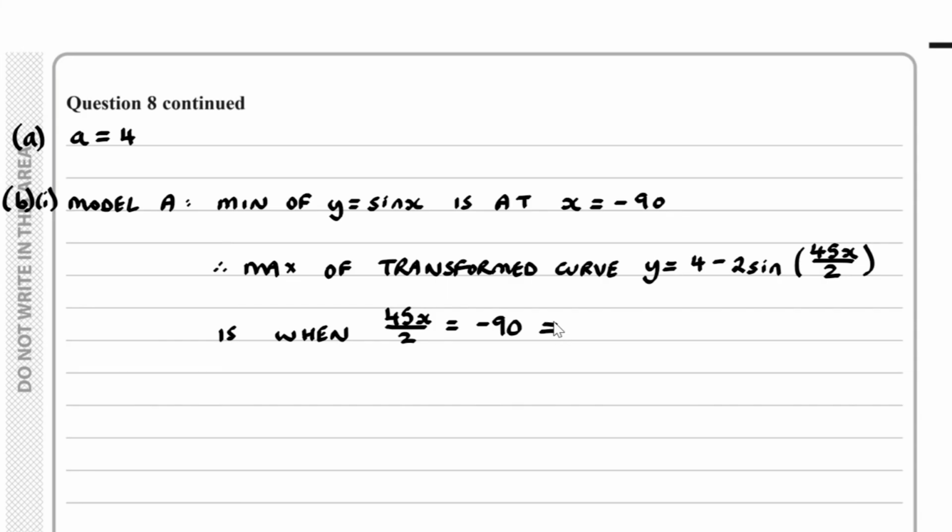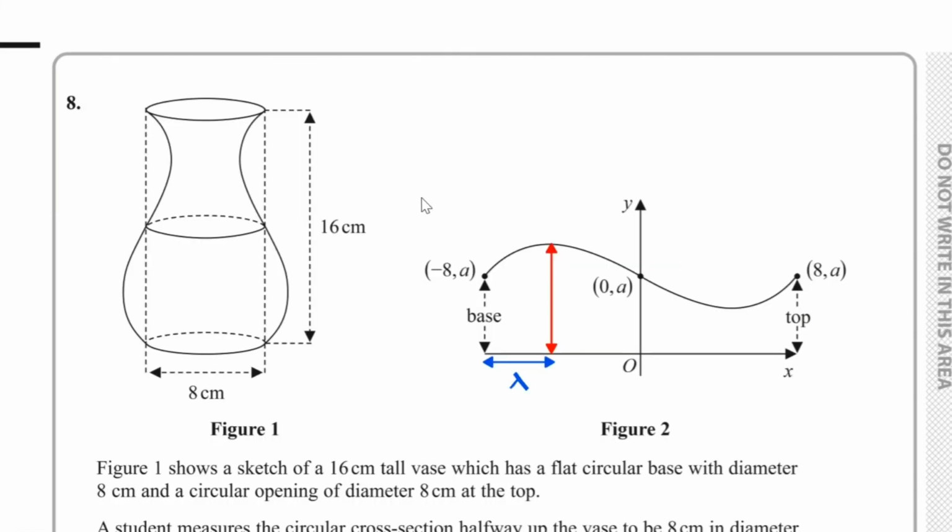And this would imply that x is equal to minus 4. And so if I go back to my curve, this distance over here is 4 centimeters.